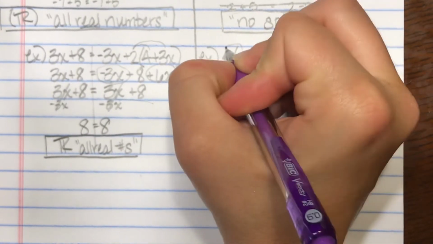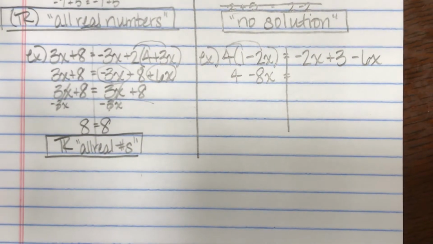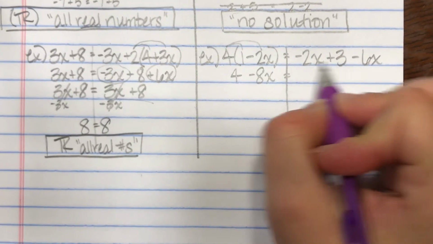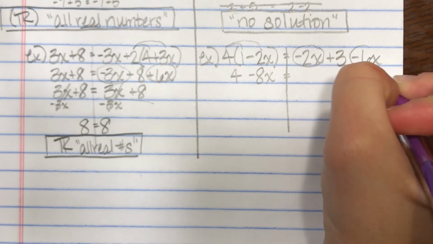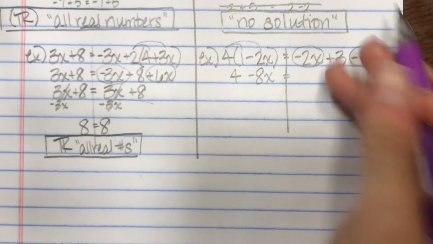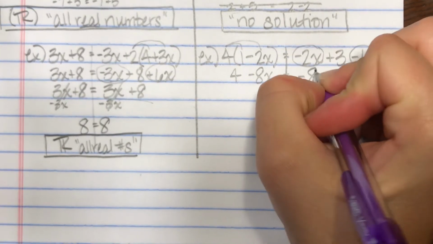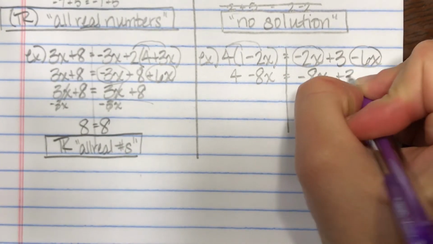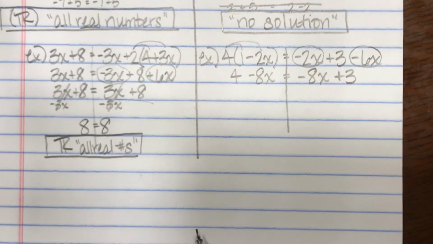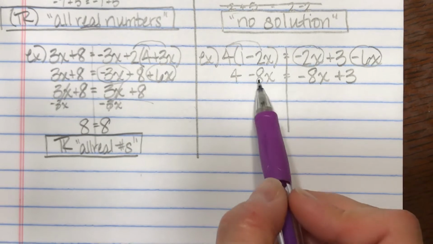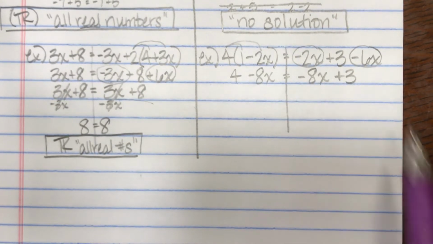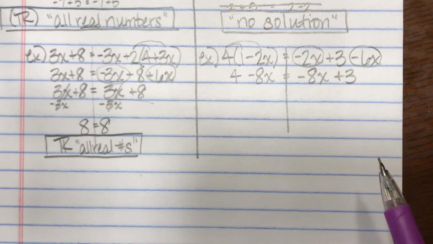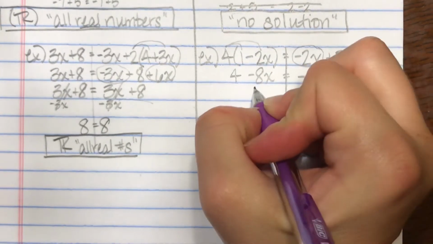I just distributed 4 times 1 and 4 times negative 2x. Over here I don't have any distributing, but I can combine negative 2x and negative 6x, which makes negative 8x plus 3. So if you look here, I've got negative 8x with a positive 4, and negative 8x with a positive 3. Doesn't seem like this is ever going to match.